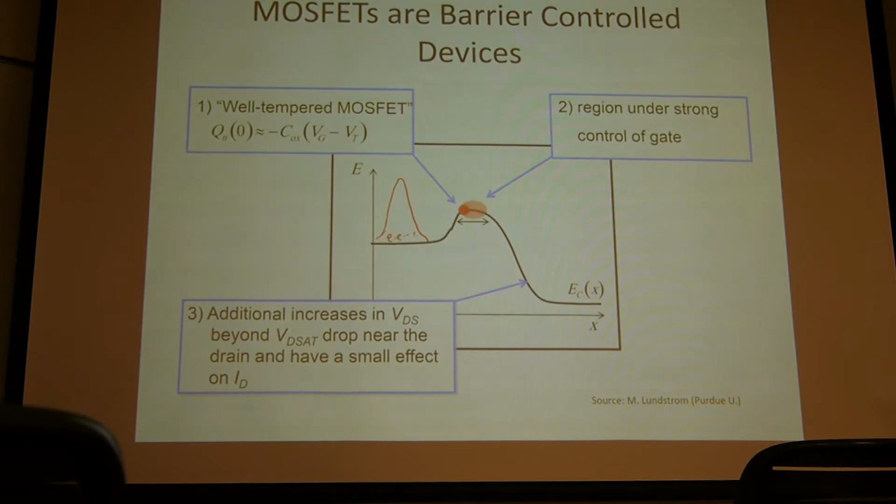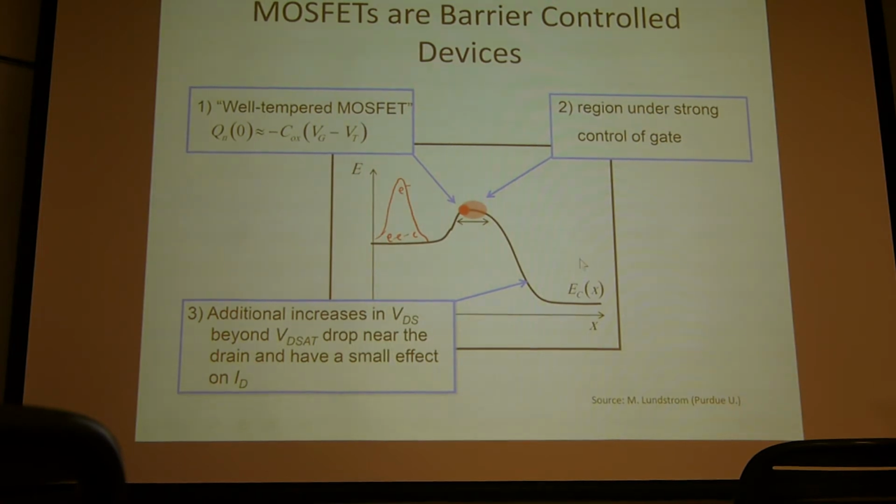Many electrons here, and exponentially less electrons to the top as you increase the energy. So if you change the barrier height, then the number of electrons that can be over will exponentially change. That means your current will change. So this barrier height is important.